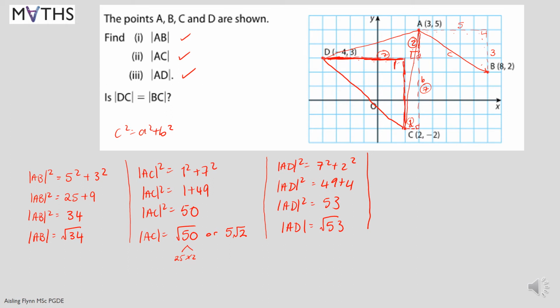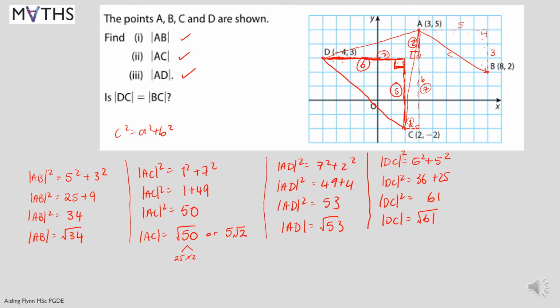So here's my right angle triangle, and I'm 1, 2, 3, 4, 5, 6 across, and 1, 2, 3, 4, 5 down. Okay, so DC squared will be 6 squared plus 5 squared, which is 36 plus 25, which is 61. And so DC is the square root of 61.